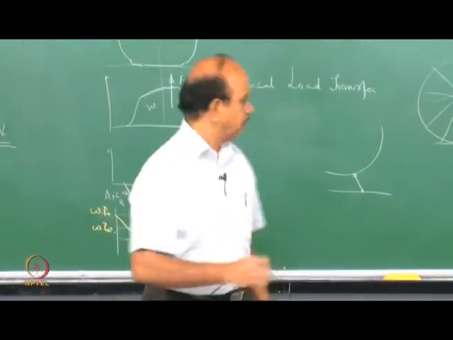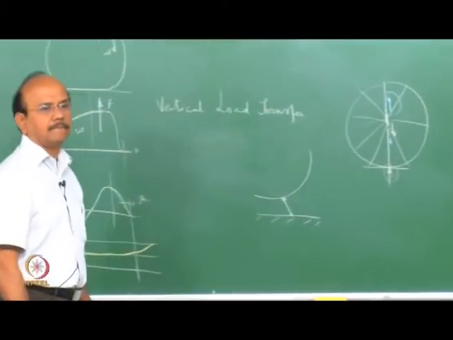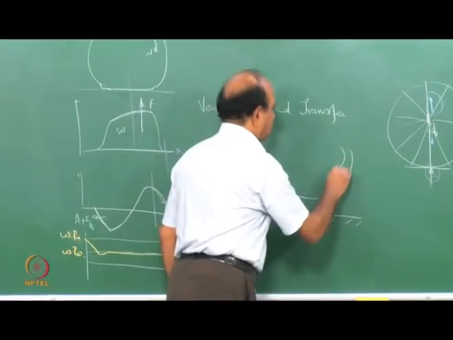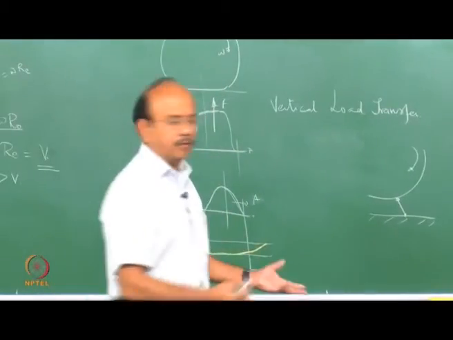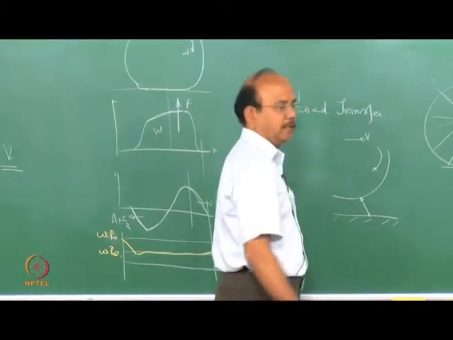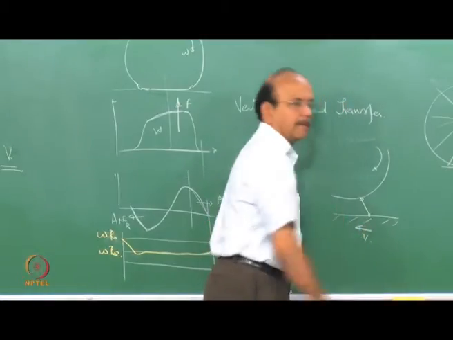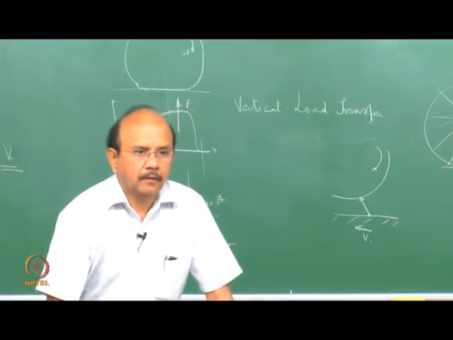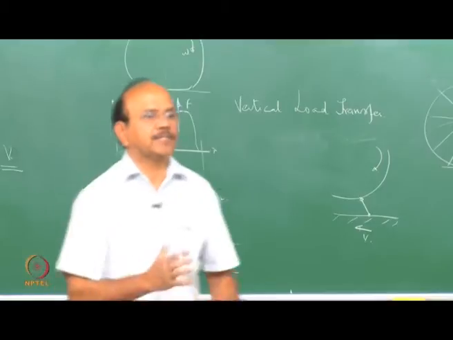Clear? So they extend and touch the ground. It is rolling. You can either assume, as I said, that it is going with the velocity v, or that it is stationary and the ground is going with the velocity v. Let us consider two extreme cases.